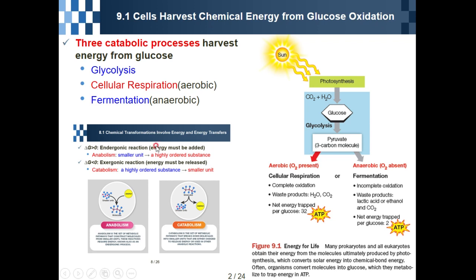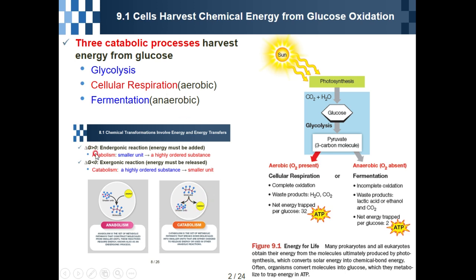Okay, this is the first subject: there are 3 catabolic processes that harvest energy from glucose. In the previous chapter, we learned what catabolism is. Catabolism means that highly ordered substances become small units.